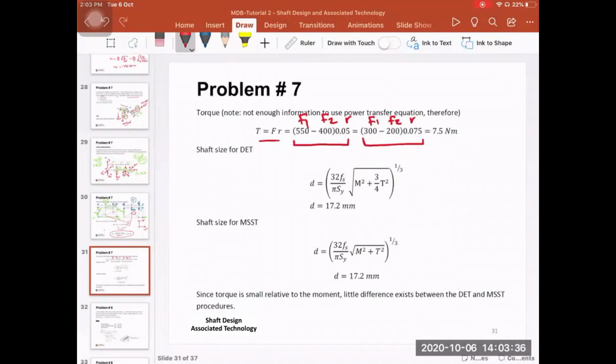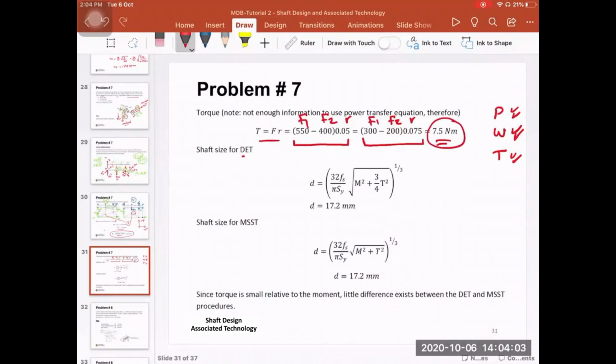As I said, power is the same, omega is the same, so the torque should be the same for the two pulleys, because the same shaft rotates with the same speed, no losses, so it transmits the same amount of energy. So the torque should be the same, which is 7.5. The torque is known now, and based on the previous slide, the moment at this point C is known.